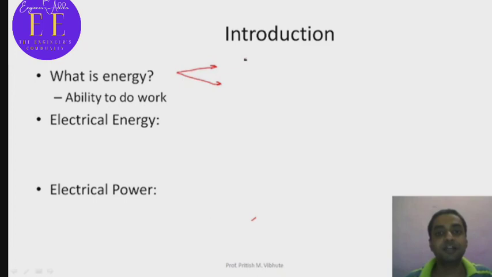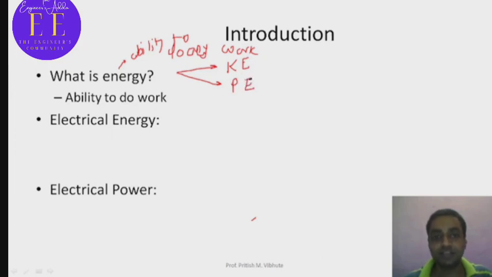Energy is nothing but the ability to do work. That is the simple definition: the ability to do any particular work is known as energy. Energy is further divided into two types, which we already discussed in the first session: kinetic energy and potential energy. If energy is associated with an object in a steady state, it is known as potential energy, like the one used in a hydroelectric power plant.